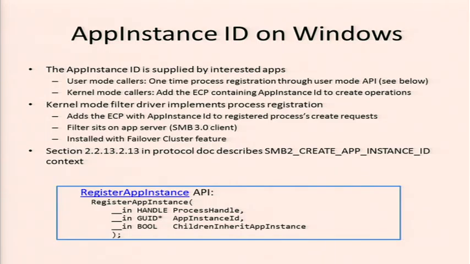So from the remote computer's point of view, all you see, as in the protocol doc, is that ECP parameter that's specified, which comes with this application instance. This particular SMB2 create app instance ID is described in section 2.2.13.2.13, if you want any more details about that.